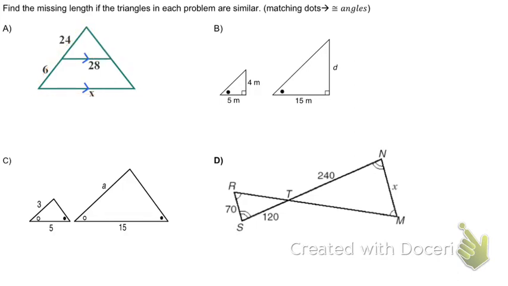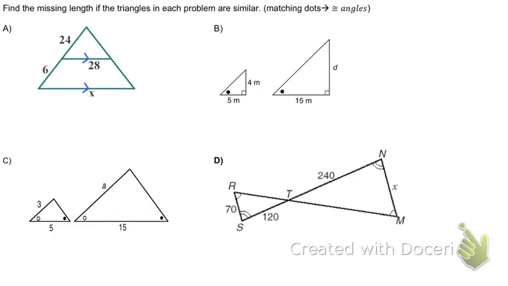We know these are going to be similar. So what's the ratio we could set up to solve for this? Okay, I heard a couple different ones. Earlier we did corresponding sides over each other, right?